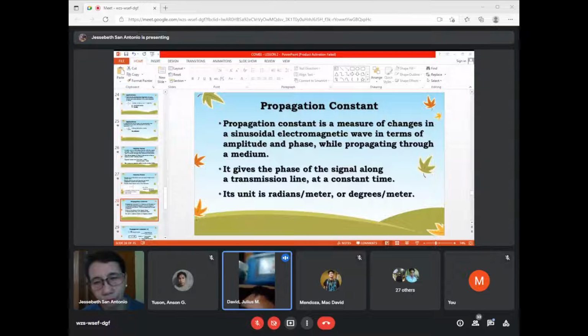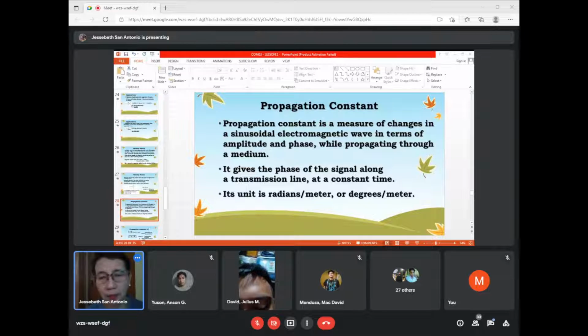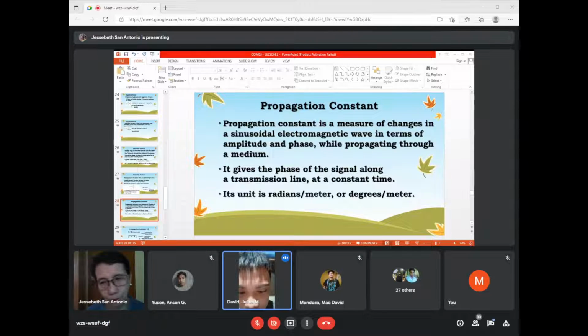Ma'am, amplitude, ito po yung parang lakas po nung isang signal, ma'am. Power? Ay, amplitude nga, hindi naman power. Hindi rin energy. Amplitude. Wala ka ng idea?